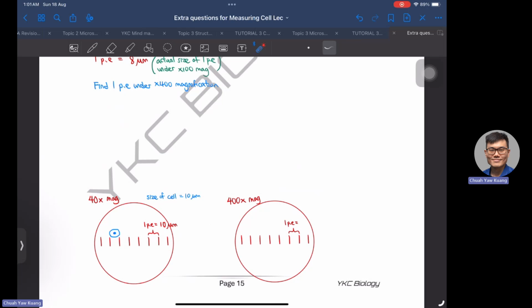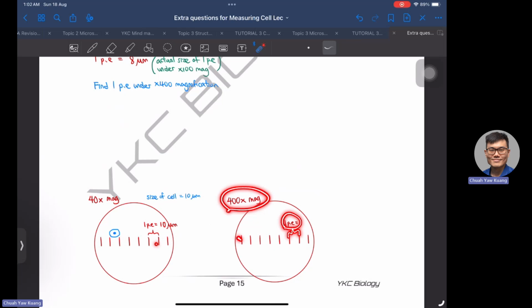So that is the major difference. That's why the image size of the eyepiece reticule is always the same, no matter what magnification you increase. But the actual size of one pitch on the eyepiece reticule will be smaller when you increase the magnification. The image size will remain the same.